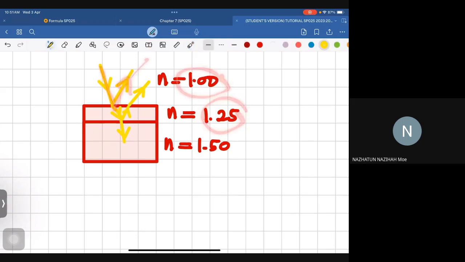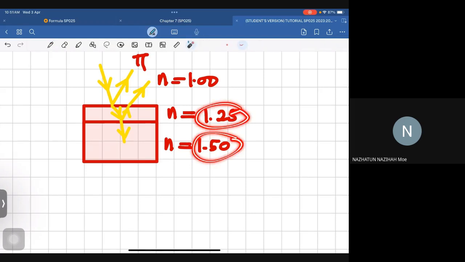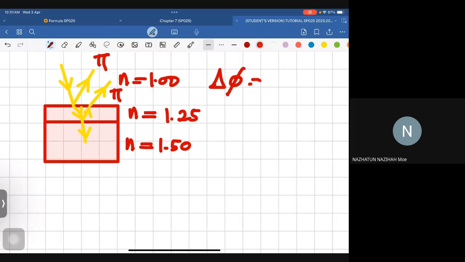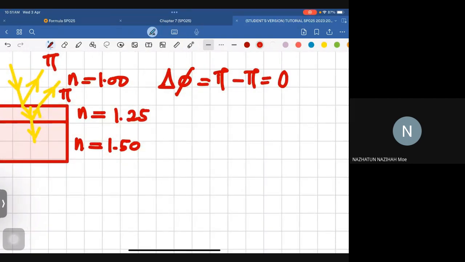So yang ini, since they go dari smaller to larger, dia akan ada pi radian phase change. The next one, dari 1.25 pergi 1.5. Dari kecil pergi besar. Maksudnya ada juga phase change. So the total phase difference is going to be pi minus pi. So this one akan equal to 0. Boleh faham?